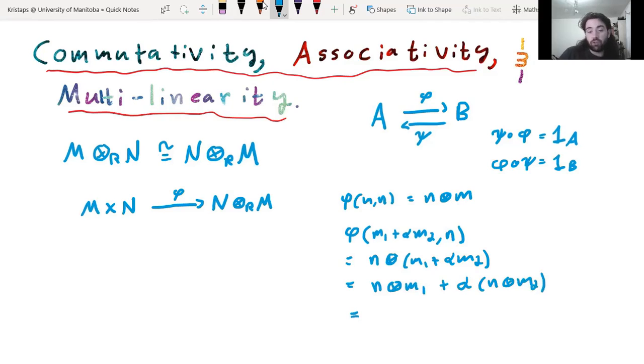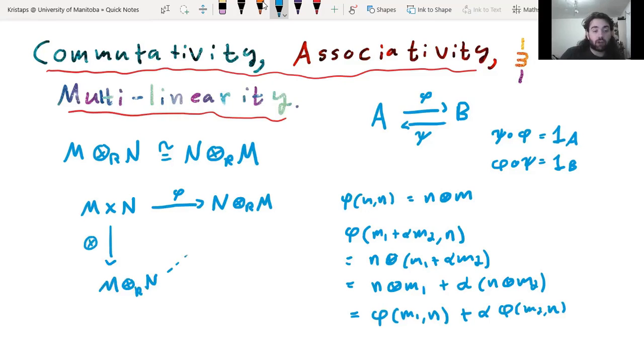And then sure enough, we see that those are the appropriate images: phi of (m1, n) plus alpha phi of (m2, n). So that tells us that, using the universal property of tensor products, this map factors uniquely through to give us an R linear homomorphism phi tilde.